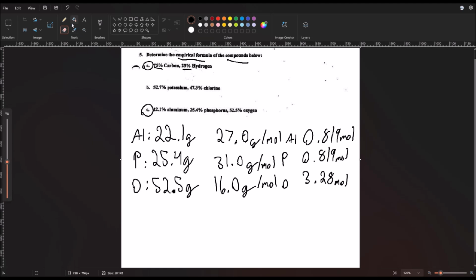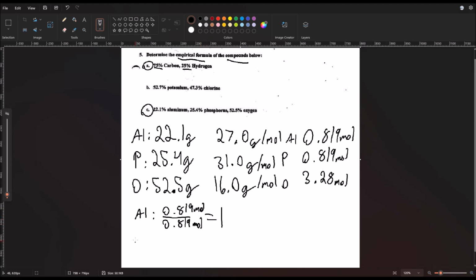So now that we have the values, we're going to select the smallest value. In this case, 2 of them have the same smallest value, so it doesn't matter which one you use, as long as you're using the smallest value. So in the case of aluminum, it's going to be 0.819 mole divided by 0.819 mole. It's going to be 1.